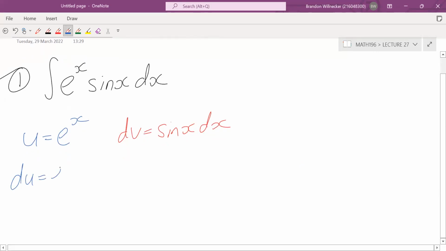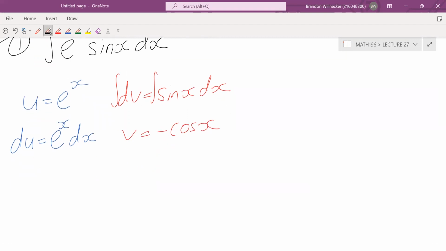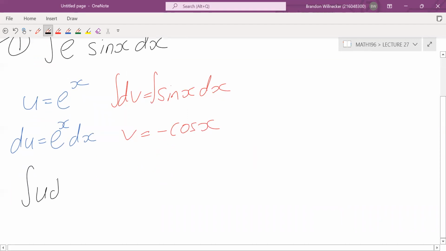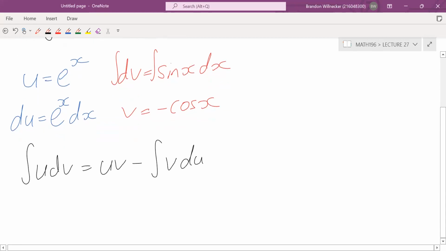So du is going to be e to the x dx. We need to integrate dv, and v is equal to minus cos x. Now we use the formula: integral of u dv is equal to uv minus the integral of v du.